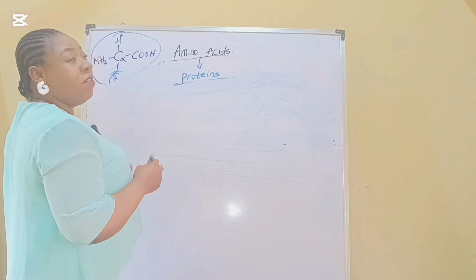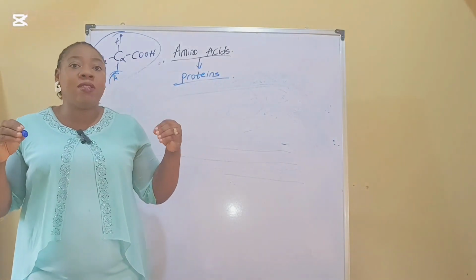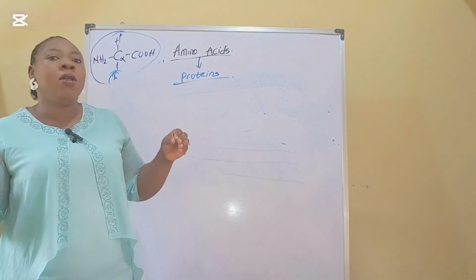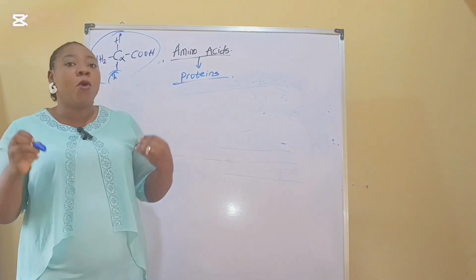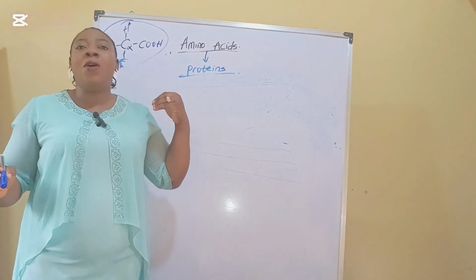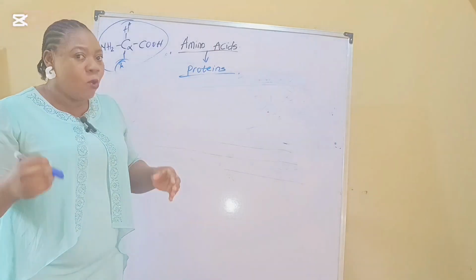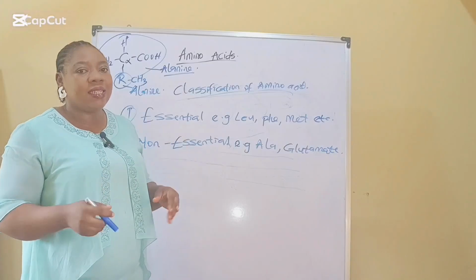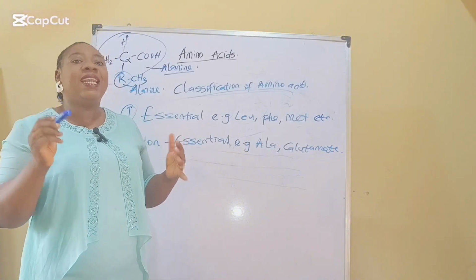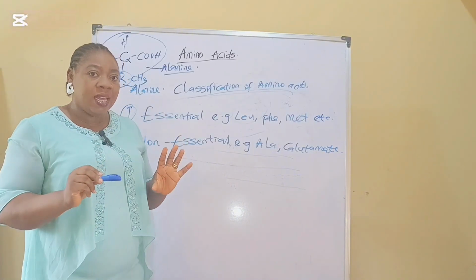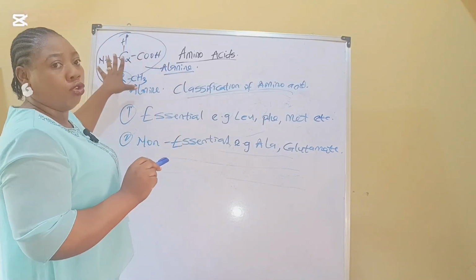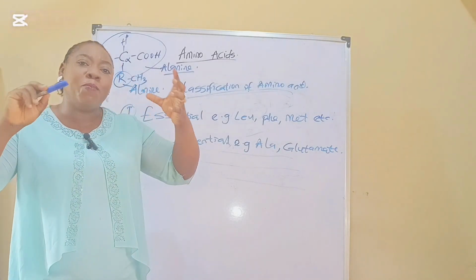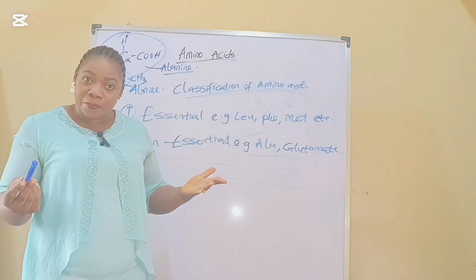Now, from our previous class, we discussed extensively on amino acids. Today we want to discuss protein, but there is no way we will discuss protein without discussing amino acids. Amino acids, as we stated earlier, are organic compounds that have this basic structure. They are also the building blocks of proteins.